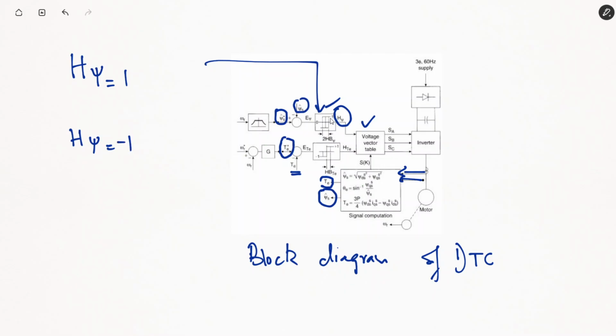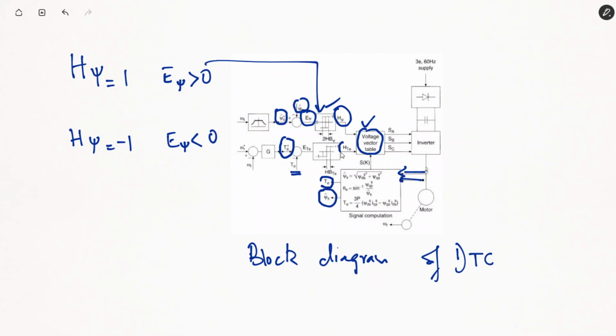H psi will be +1 if this error, the error between the measured value of flux and the reference value of flux, is positive, and if this error is negative, H psi will take -1 as the value. Accordingly, the information fed to this table here is H psi either +1 or -1 depending upon the value of error.